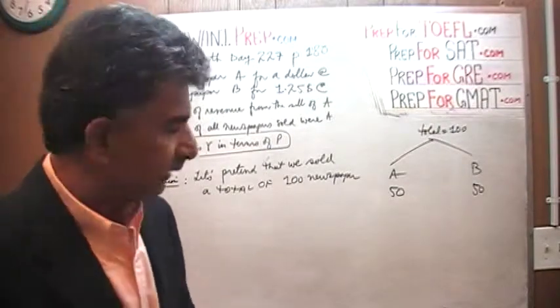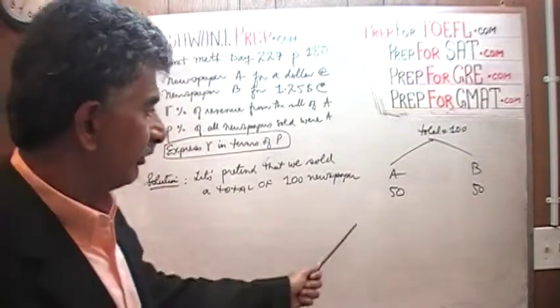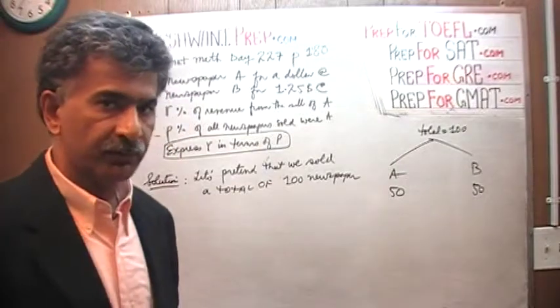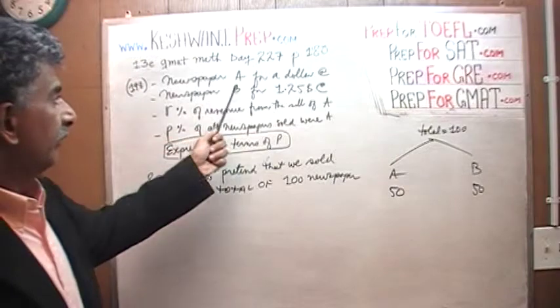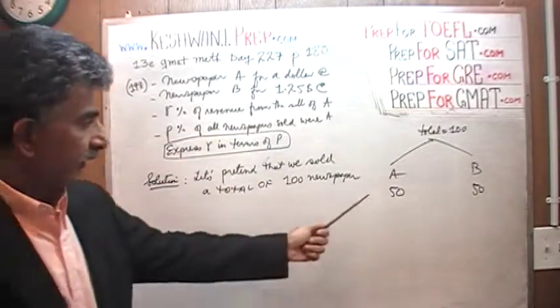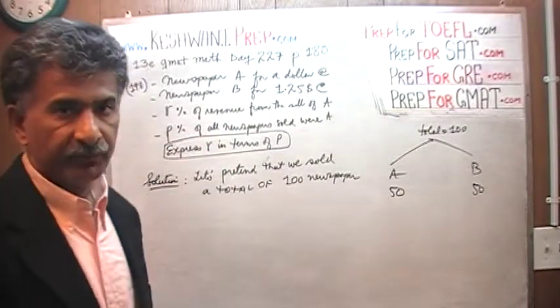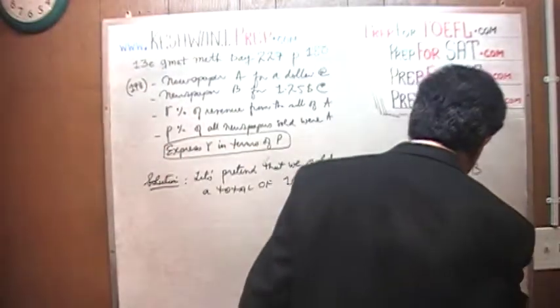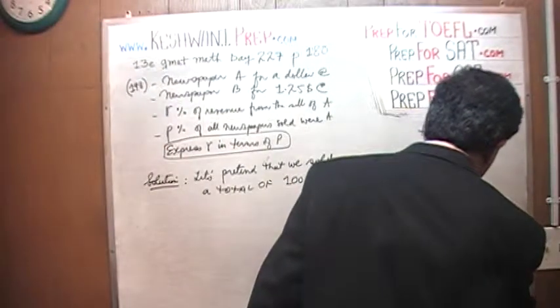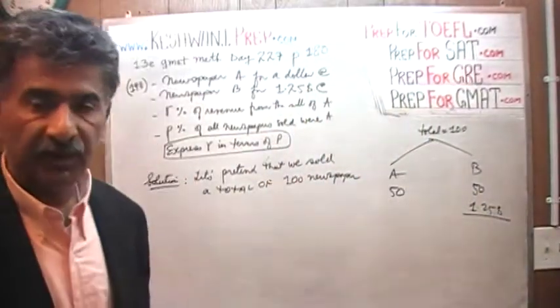For example, we're going to have to figure out how much revenue was generated from newspaper A. We are told that newspaper A was sold for $1. Well, this is very easy. 50 times $1 is just $50. But when we get to B, we're going to have to multiply $1.25 by 50.